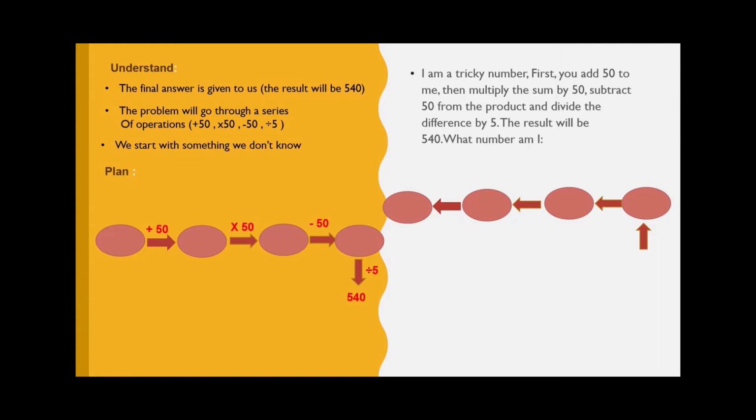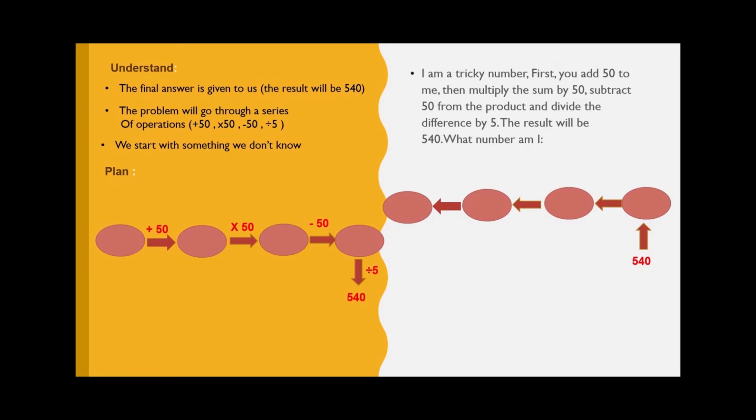The result is multiplied by 50. Subtract 50 from the product and divide the difference by 5, and the result will be 540. We need to use the moving backwards strategy to solve this problem.